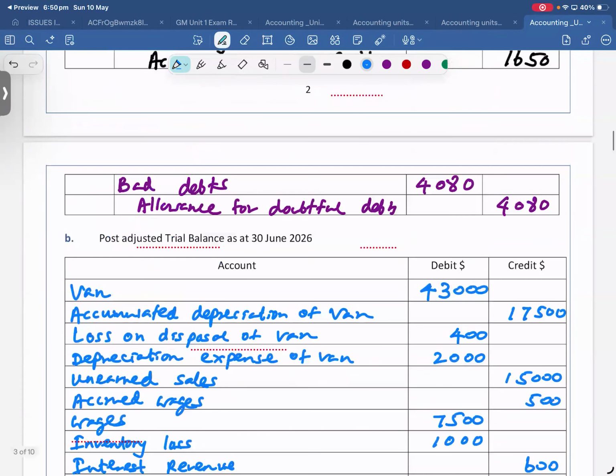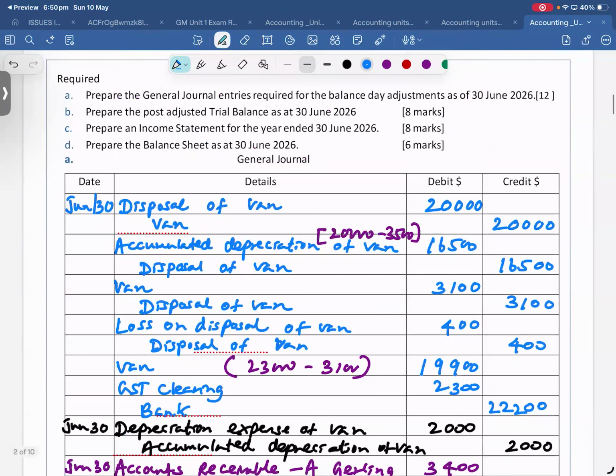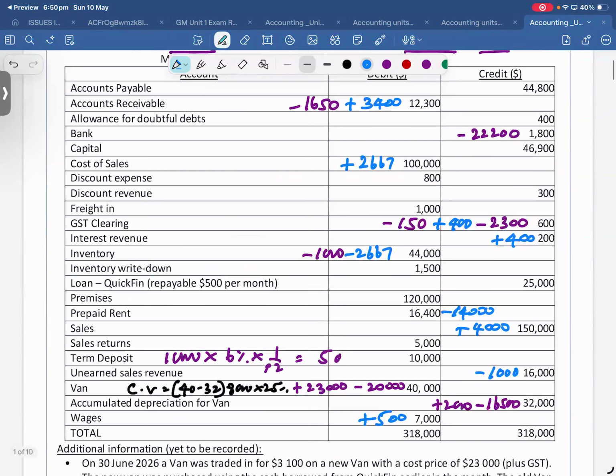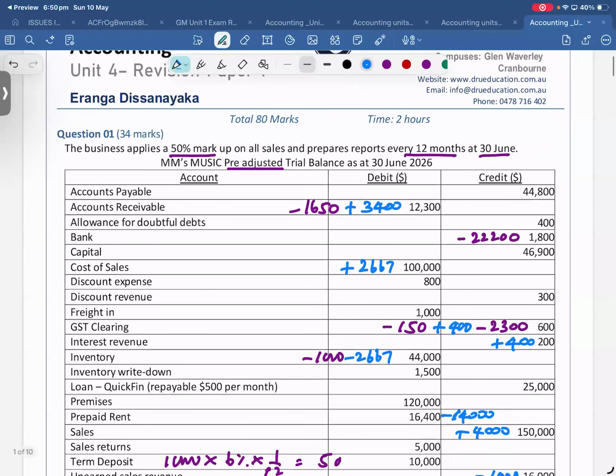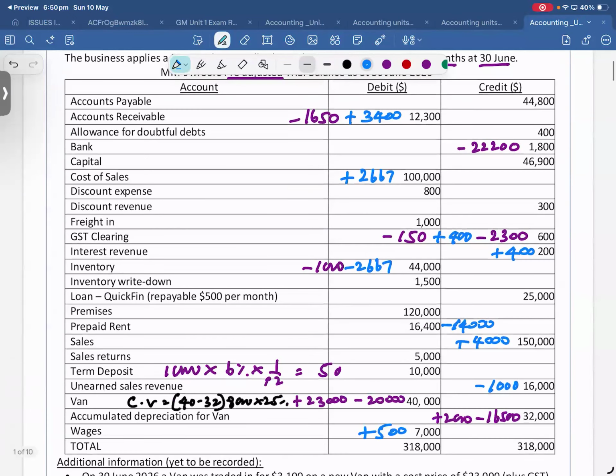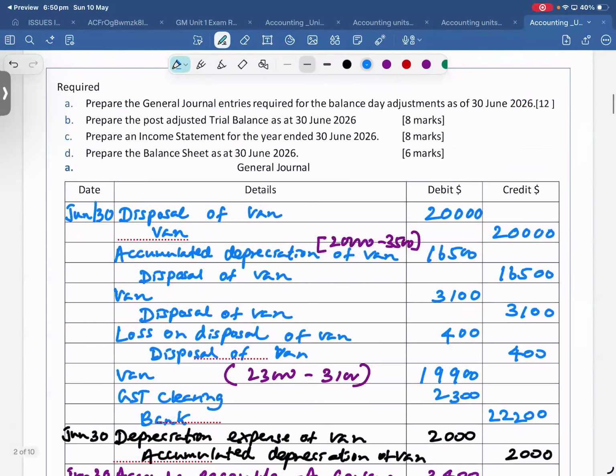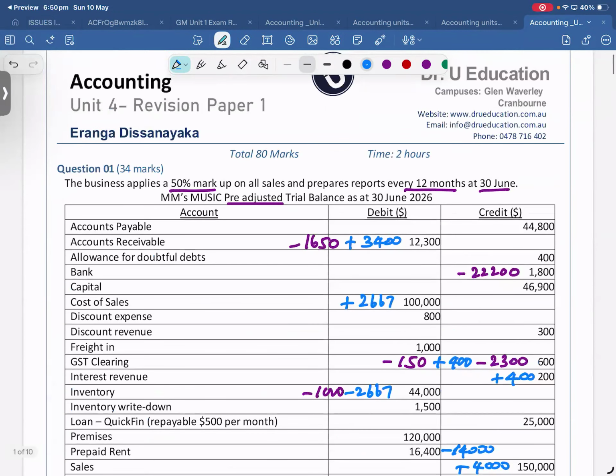Then accounts receivable, 15 or 14. $14,050, yes? Accounts receivable, 49.